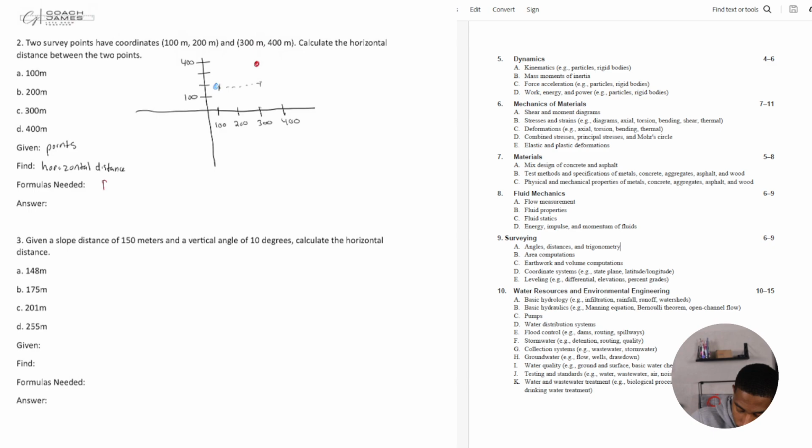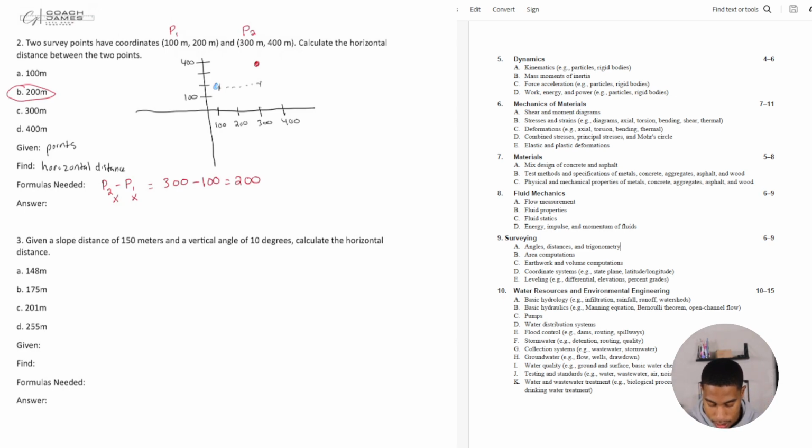I would take the point 2 minus point 1, all in the X direction. So I'd say 300 minus 100 is equal to 200, which equals B. Very straightforward, not super difficult.